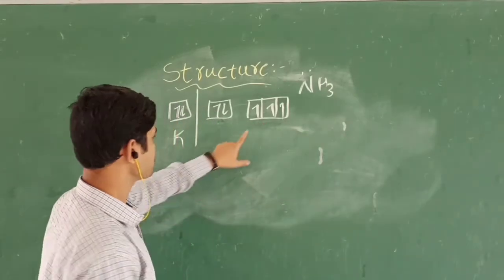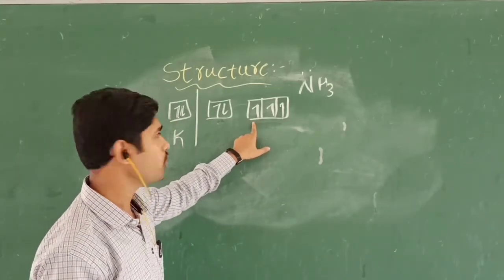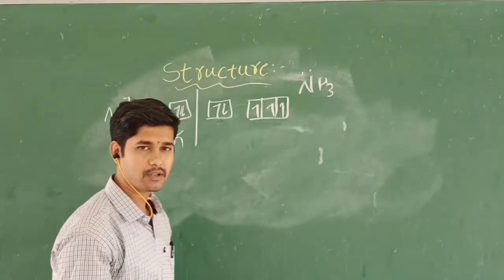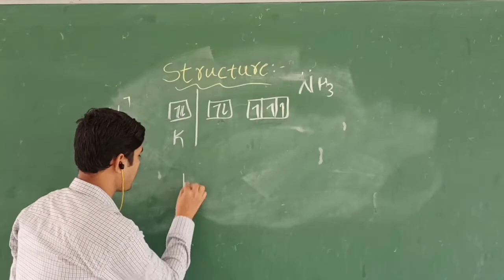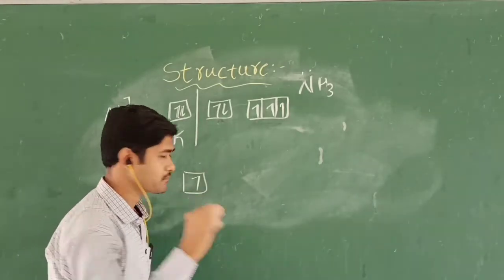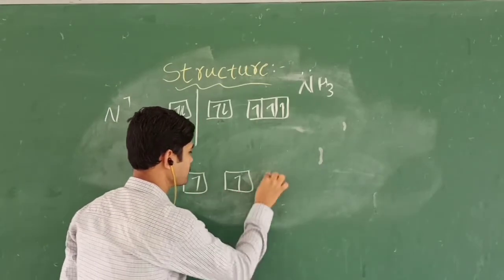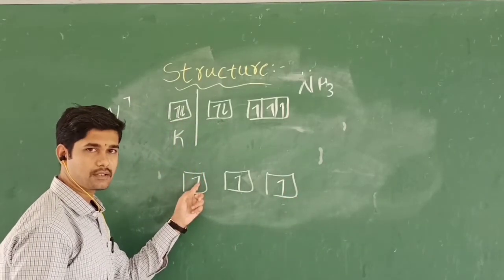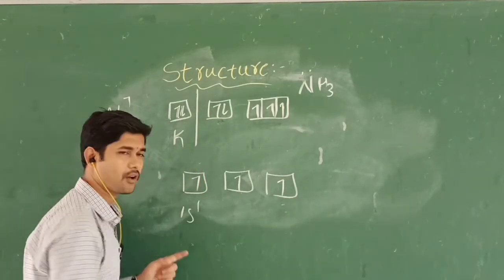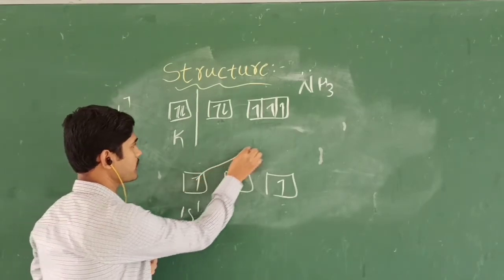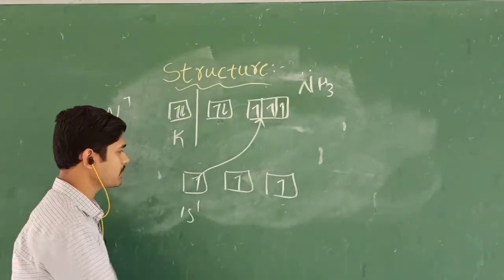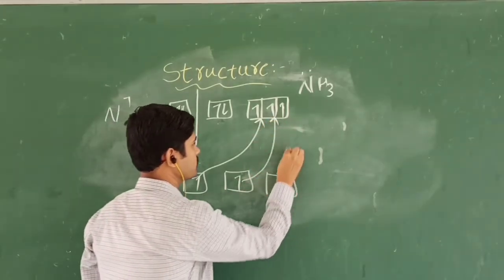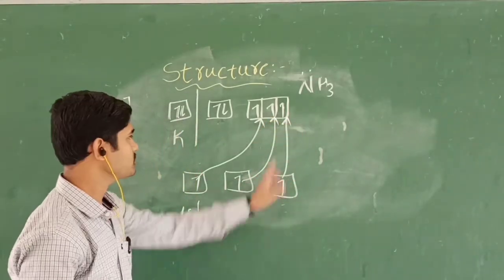In order to make bonds, I am going to take 3 hydrogen atoms. The hydrogen atomic number is 1, so 1s1, written 3 times because there are 3 hydrogens. The electron in the 1s1 orbital of hydrogen pairs up with one orbital of nitrogen. Similarly, the second electron pairs up with another orbital, and the third pairs up with the remaining orbital.